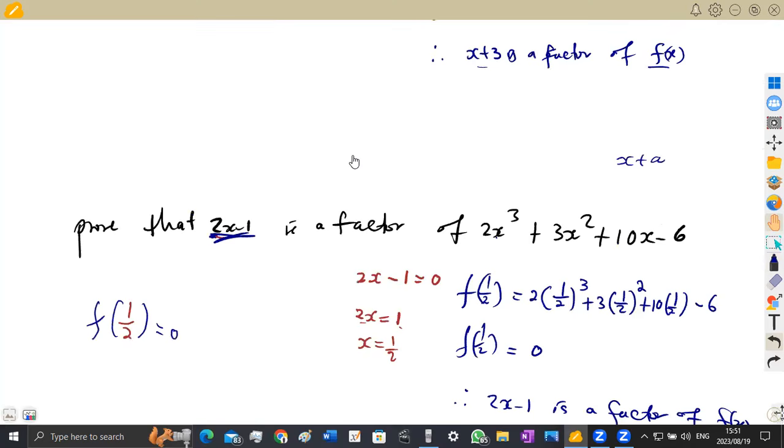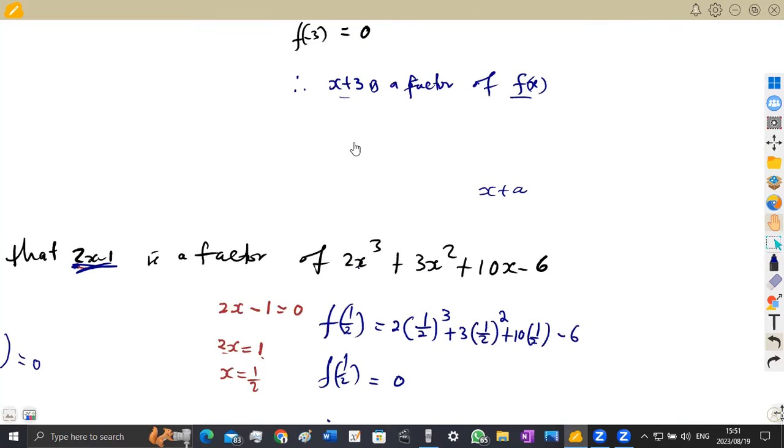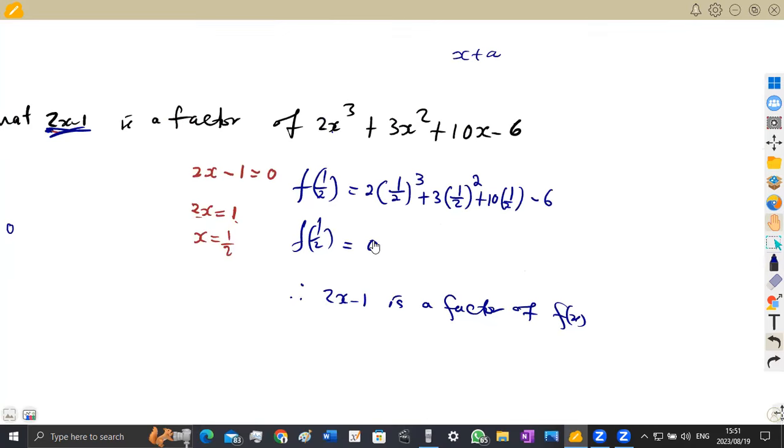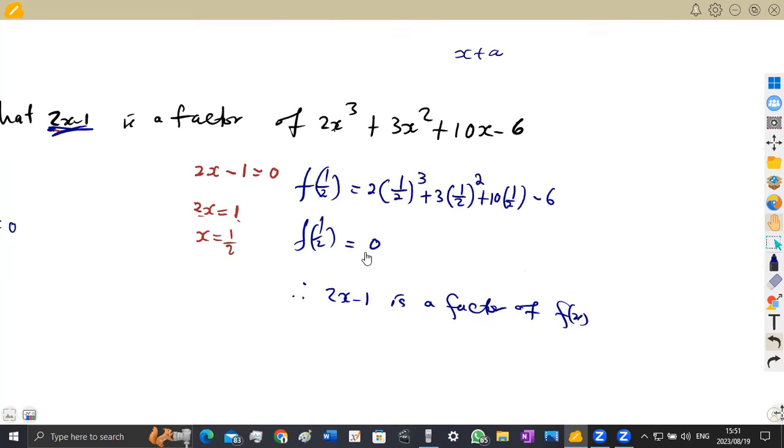If you substitute that value of x back into your expression and you are not obtaining a 0, it means it's not a factor. If you are not obtaining a 0 from that particular expression, that is not a factor.